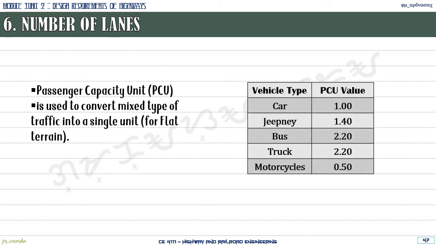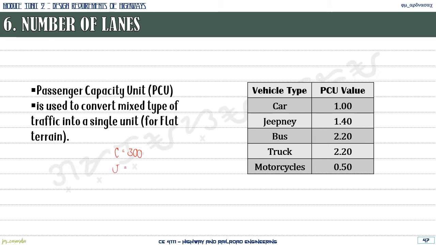This table now shows us the different PCU values or PCU factors that we need to apply to different vehicle types. So, to understand the use of your PCU factors, let's see, we have for cars, we have counted 300 traversing our road section.